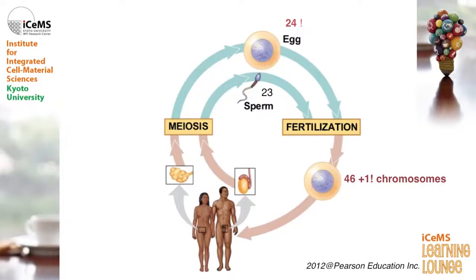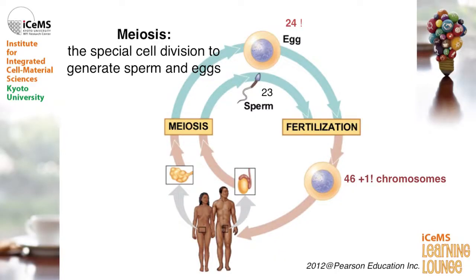However, once in a while, our body makes mistakes, so that 1 too many or 1 too few chromosomes could be packaged in our eggs and sperm, and this leads to a fertilized embryo that has either too many or too few chromosomes, leading to infertility problems.